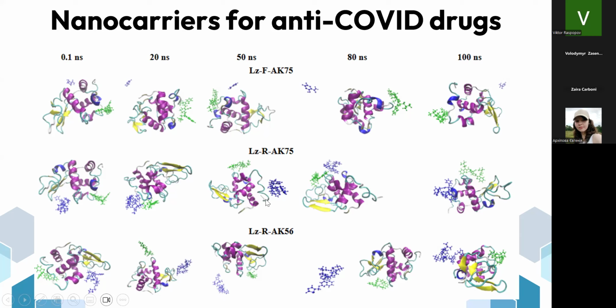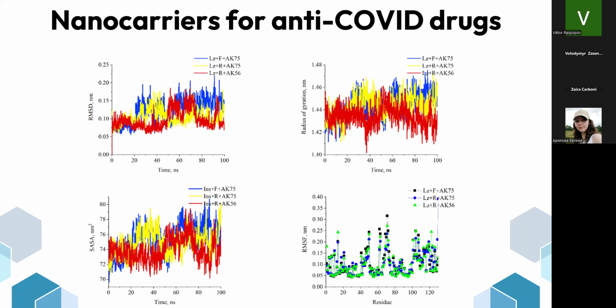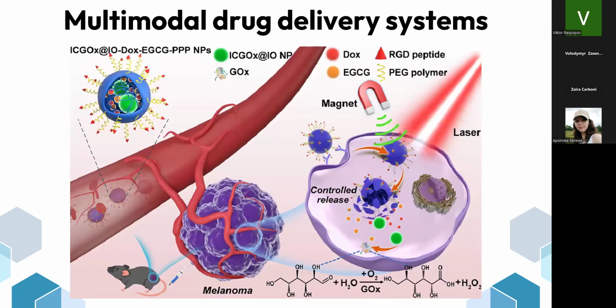These two compounds were simultaneously encapsulated within the lysozyme, and these complexes were found to be the most stable among all systems studied. Here are the parameters derived from molecular dynamics simulations, which confirm our conclusion.